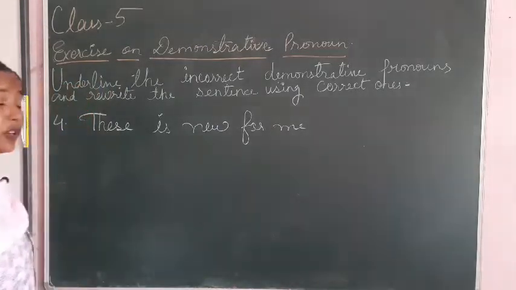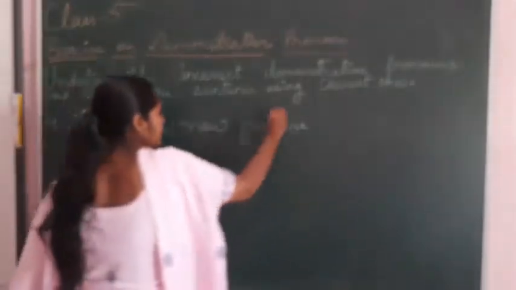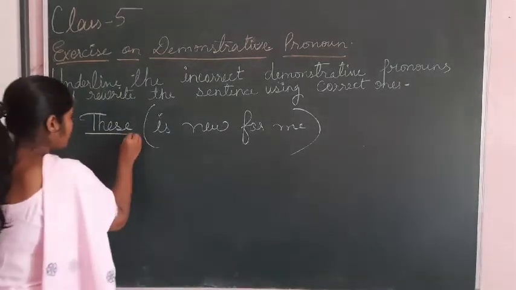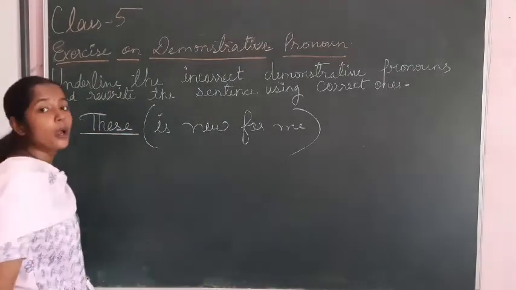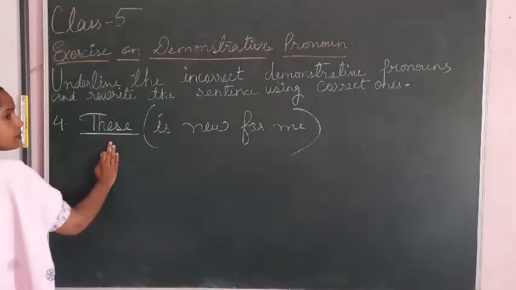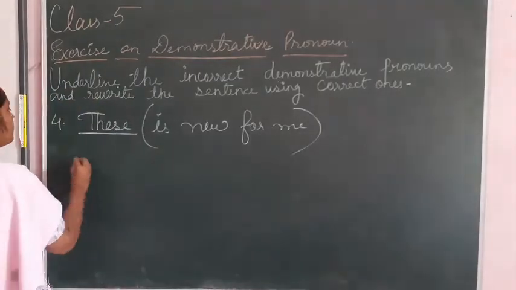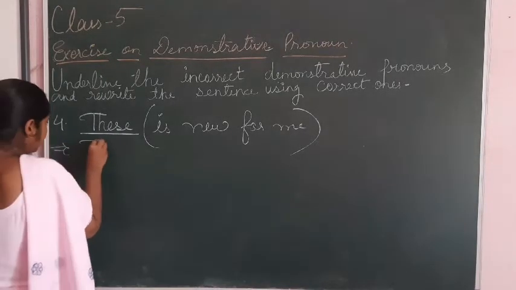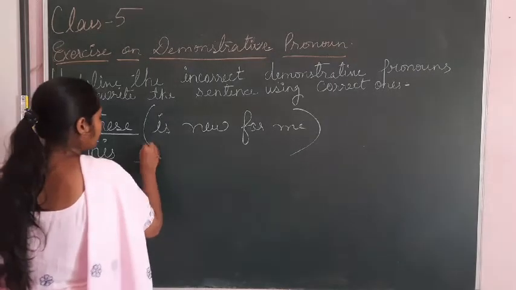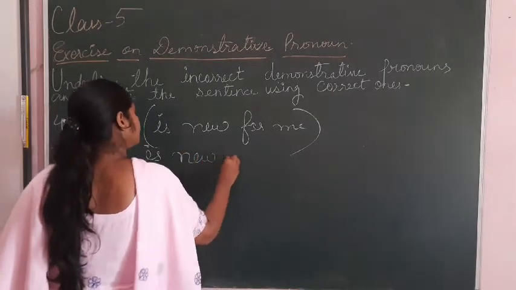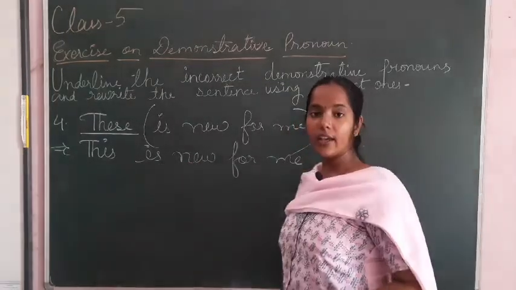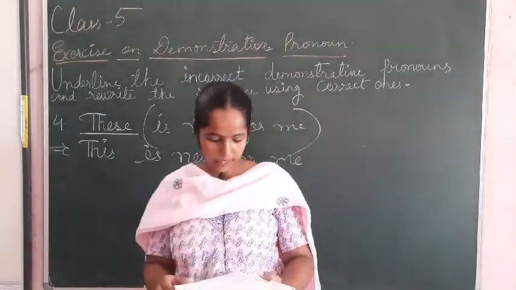The question is singular, but the demonstrative pronoun that has been used is plural. So by changing this demonstrative pronoun into the singular form, we will write: this is new for me. With that we are completing it.